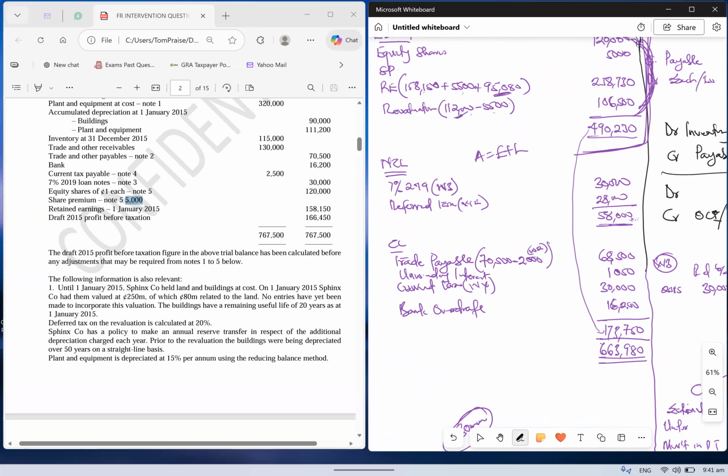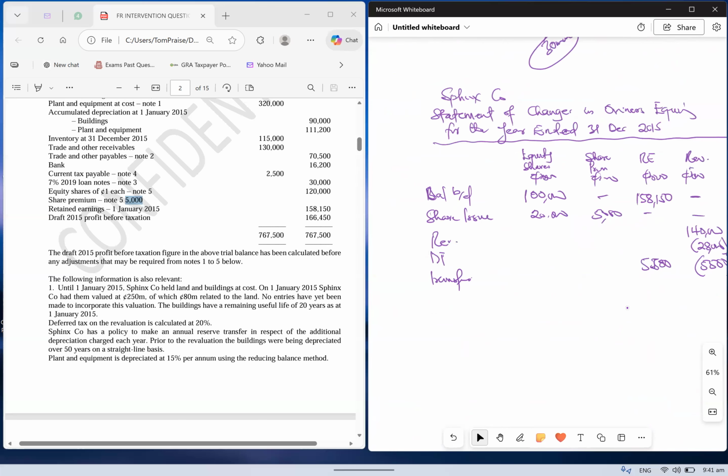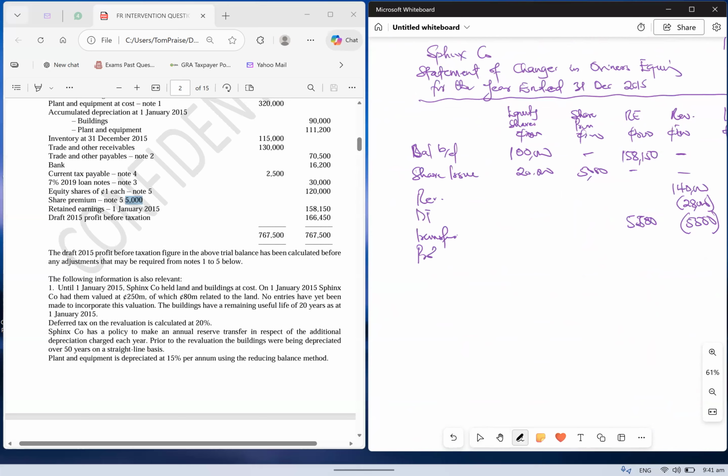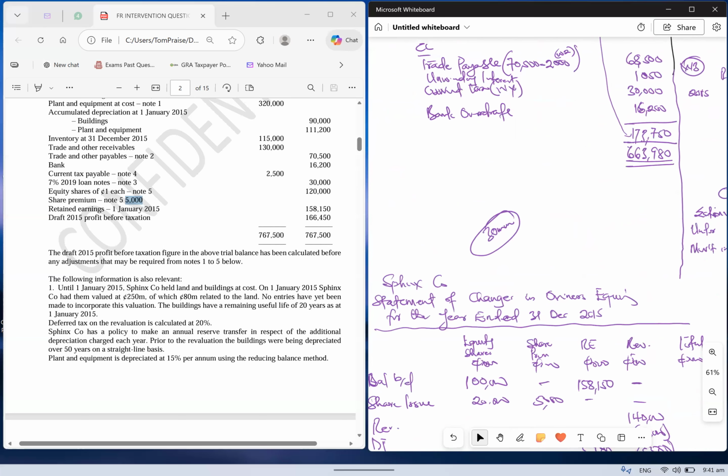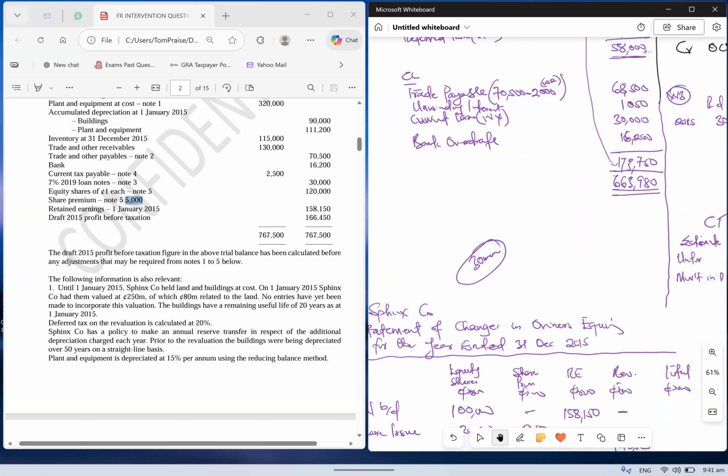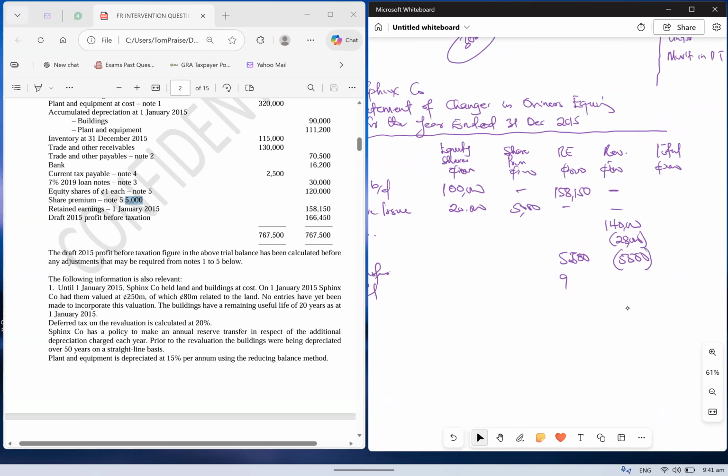The profit for the year is the only thing left. And it was what again? 95 and 80. All right. So when you add everything, it should give you the balance on your equity side.